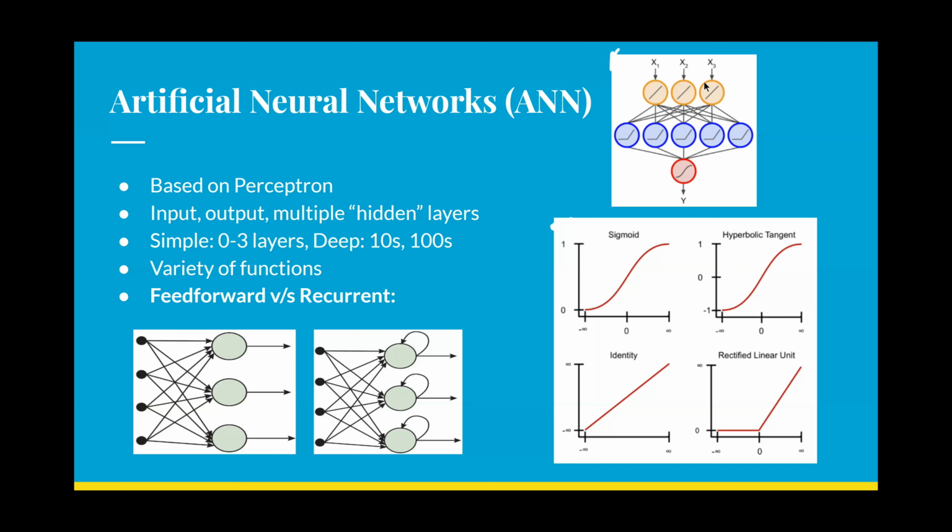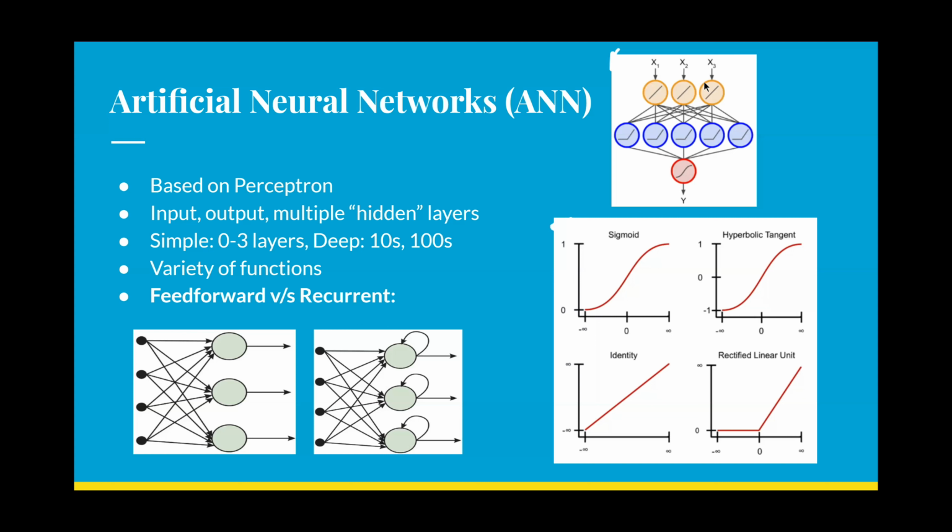Like the sigmoid function converts the values to the range between 0 to 1. Hyperbolic tangent converts it from -1 to 1. Identity converts it to the same -infinity to infinity range, and rectified linear unit converts it to something between 0 to infinity.